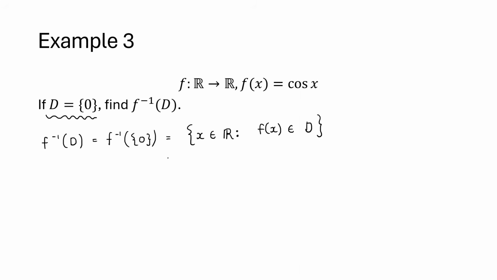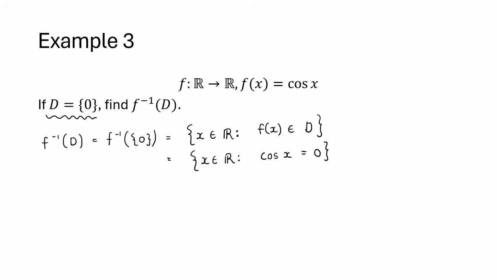So we can rewrite this to say we are looking for all elements in the domain such that if we evaluate f for those elements, now f of x is defined to be cos of x, so here we can replace f with cos, cos of x must be an element of D. The only element is 0, so it means cos of x must be equal to 0, which is something we can easily solve.